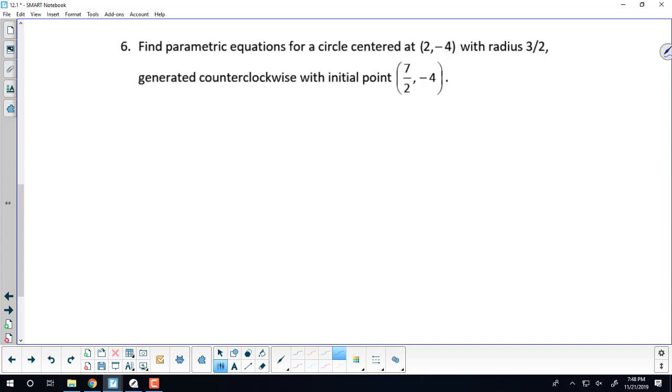So if we start out and say x is something involving cosine and y is something involving sine, what would accompany our x being cosine? The 3/2 would be multiplying that. Same thing for the sine, because that's our radius.